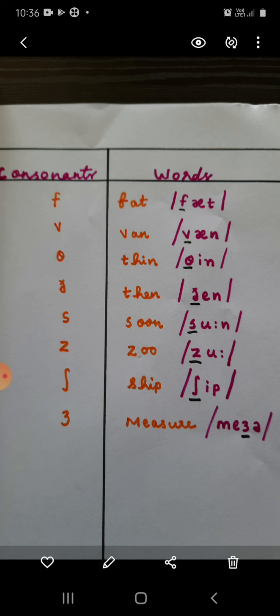We are writing small letter U and putting one colon also. That colon indicates that it is a long vowel. O comes under the vowel sounds. You remember those vowel sounds. So Z plus O gives you the word "zoo."